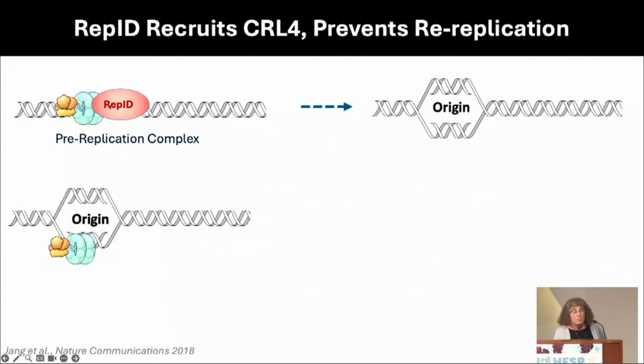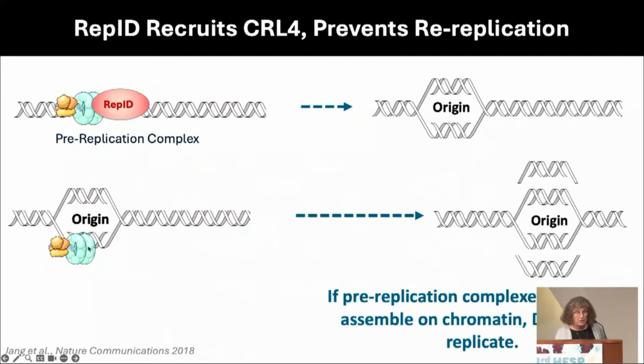Conversely, it is recruiting a ubiquitin ligase called CRL4. And this ubiquitin ligase, CRL4, is binding pre-replication complexes that are associated erroneously with DNA that had already been replicated. If those pre-replication complexes assemble on chromatin that already had been replicated, DNA can re-replicate.